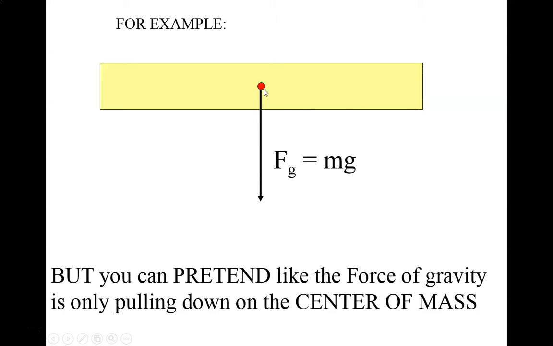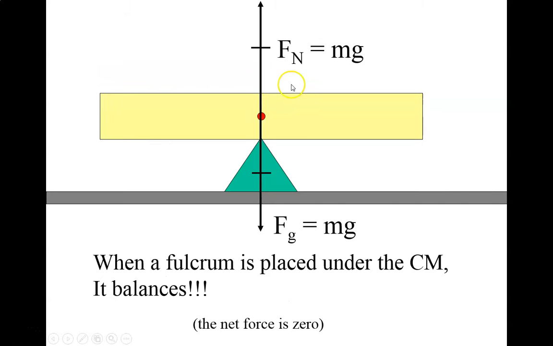We're not going to have baseball bats or anything like that where you have to estimate the center of gravity. We're going to deal with uniform objects. So you can pretend like all the gravity is concentrated at the center of gravity. So when you put a balance point under the center of gravity of an object, it will balance.